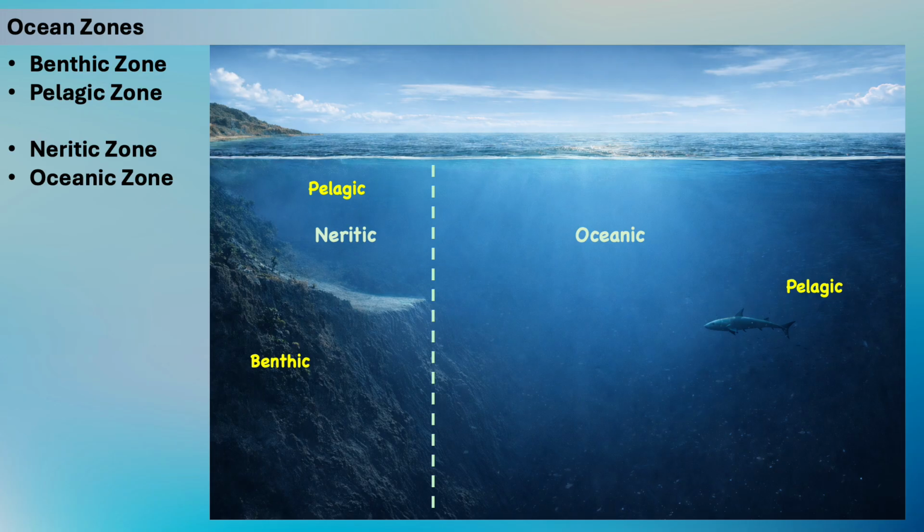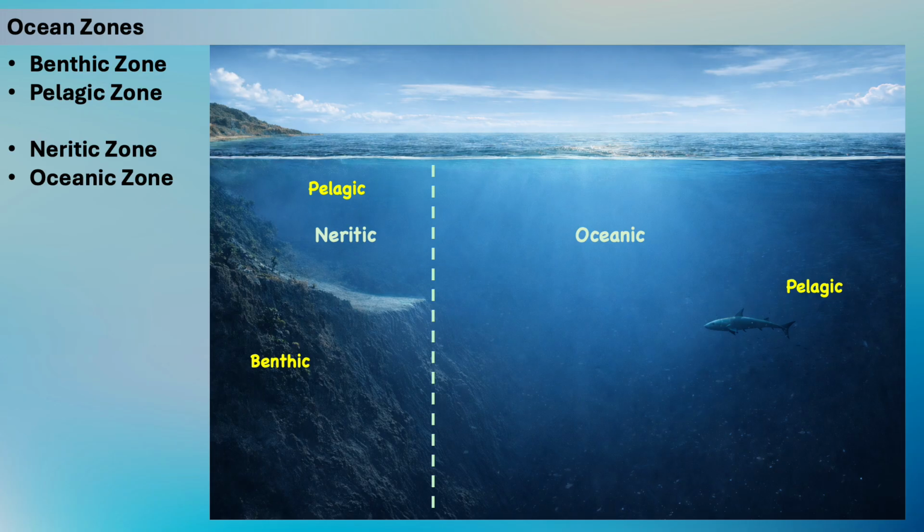Beyond the continental shelf, to the right of the line, lies what we consider the oceanic zone. This includes the open ocean waters over the continental slope, rise, and abyssal plain. These waters are generally deeper, farther from land, and less directly influenced by terrestrial input.